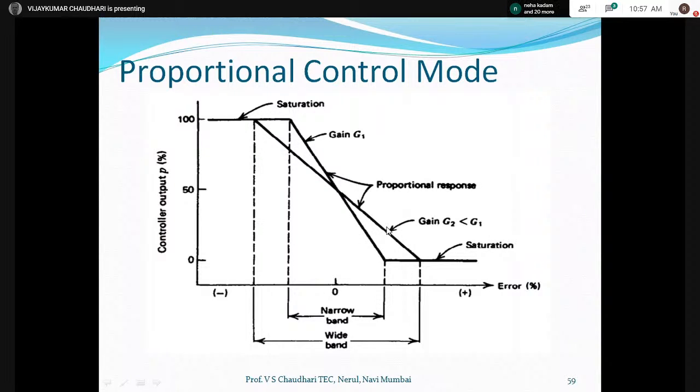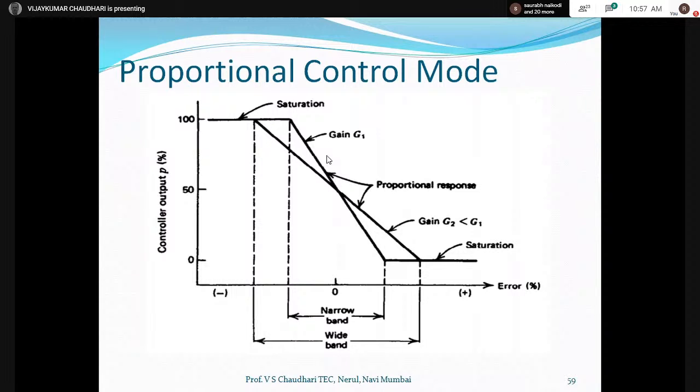Same is the case with this. For this much error, the output with G1 is 100%, whereas the output will not be 100% in this case. So as the gain increases, the controller output for a particular value of error will be more.